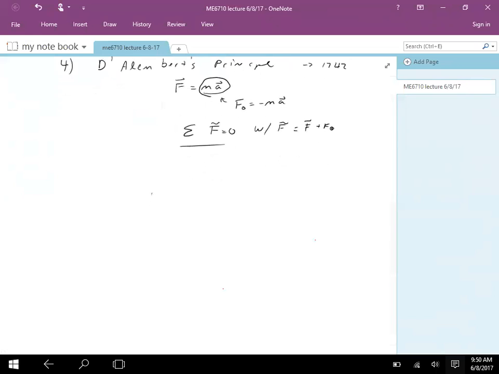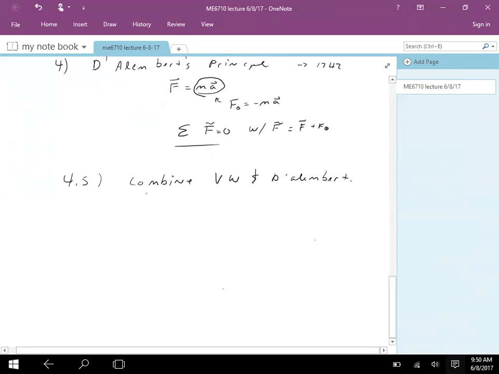All right, so when you combine, maybe I can call this 4.5. If we combine virtual work and D'Alembert, we now get a method of virtual work that could apply to dynamics.